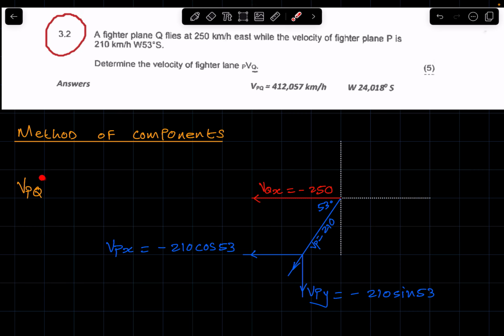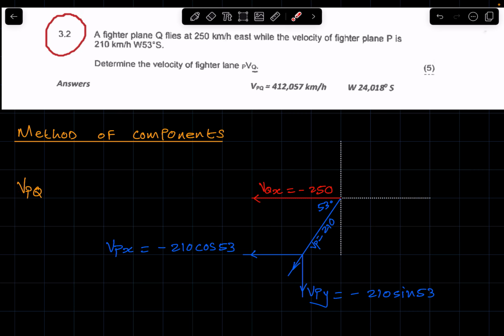So this is the resultant of the components of object P and Q. So in applying conditions of equilibrium, you are first going to determine the components of the resultant, in terms of the sum of velocities in the y direction as well as the sum of velocities in the x direction, and then use Pythagoras in determining the resultant.